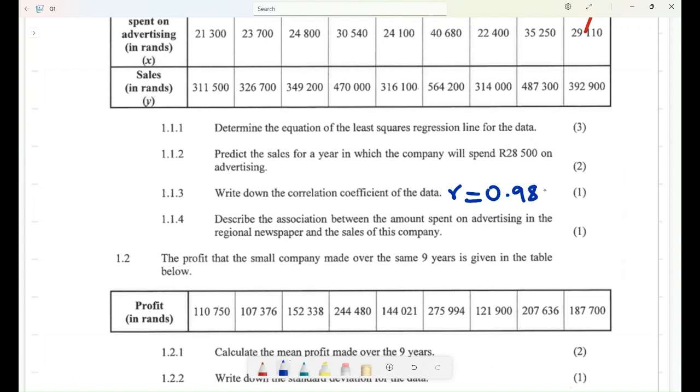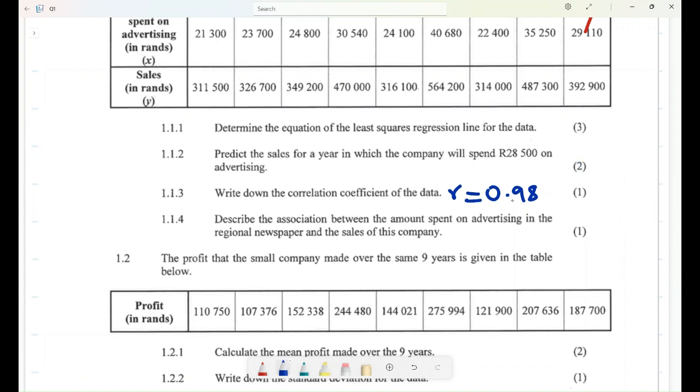Remember, this is what we refer to as a strong positive correlation.